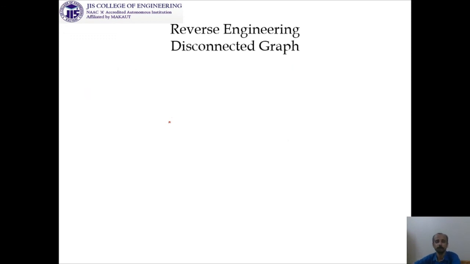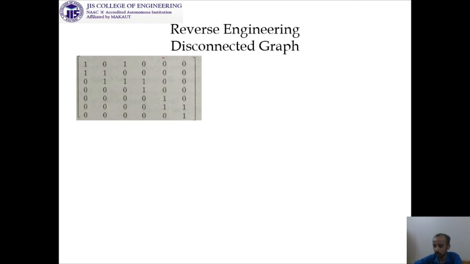Now in the next part we are actually taking the disconnected one. So before proceeding further, when this matrix is given, you will not be able to know whether it is of a disconnected graph or not. If you can identify that there is a block where you are having all zeros here and all zeros here, you can proceed, or otherwise it is a very simple construction like the simple graph.